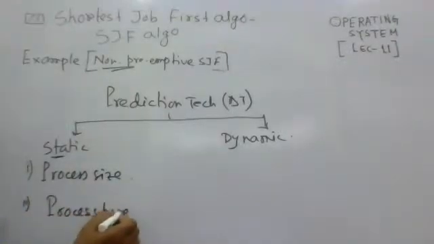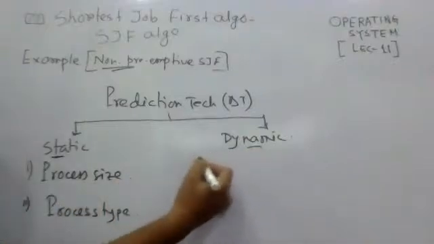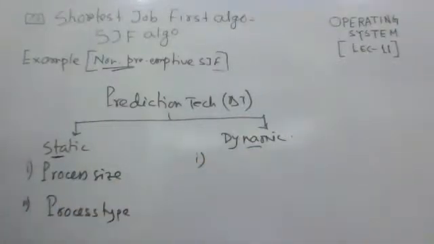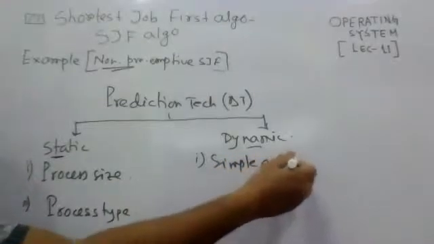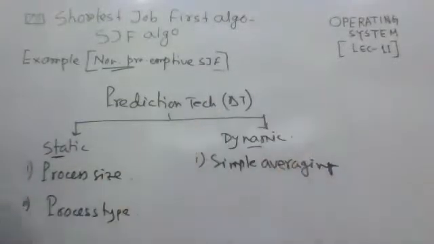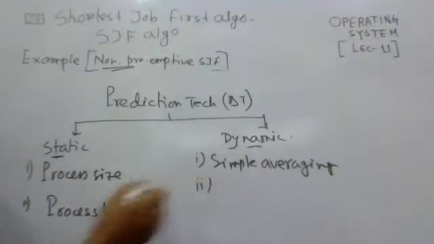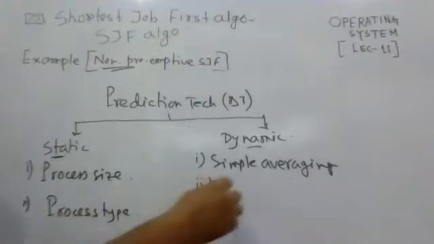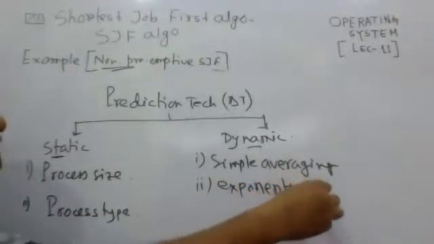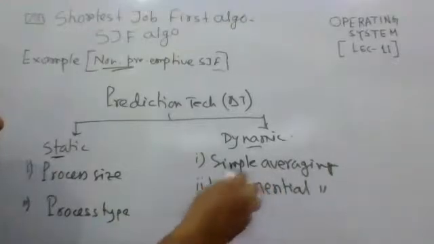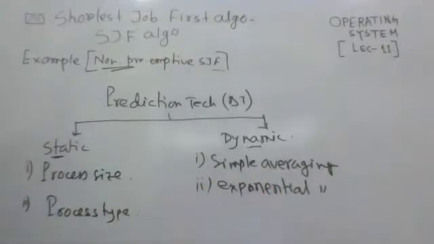And in the dynamic method we have simple averaging, and a second technique which is called exponential averaging. These are techniques through which we can guess the burst time.